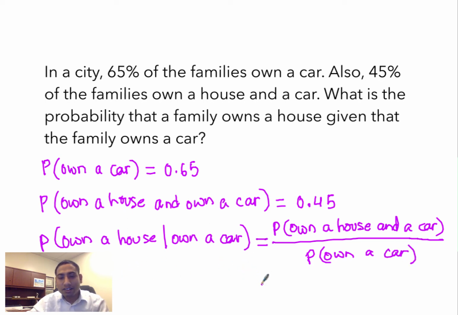So this is going to be equal to, the probability of owning a house and a car, we're given that information, is 0.45 divided by the probability of owning a car, which was 0.65. And at this point you use a calculator and get your final answer. So this is the probability that the family owns a house given that the family owns a car. This is it for conditional probability.